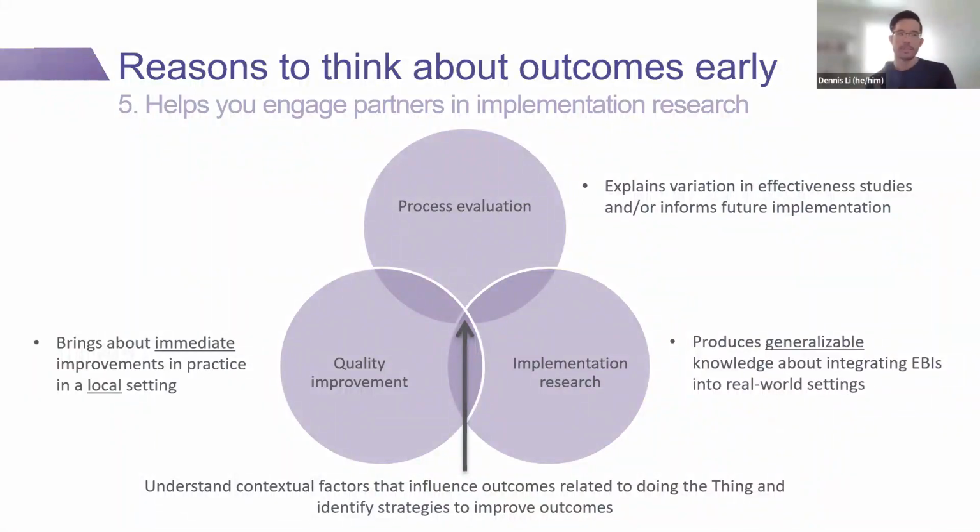And by talking about implementation research as it relates to those things, and because all of these overlapping methods involve understanding context that influences outcomes and identifying strategies to improve those outcomes, I have found in my own work that focusing on outcomes in this way helps talk about implementation research to partners.